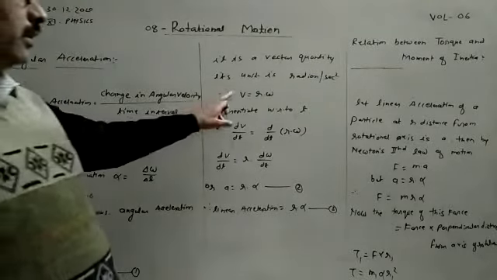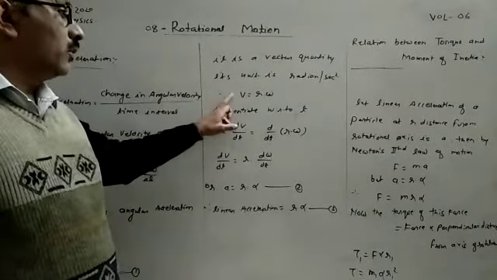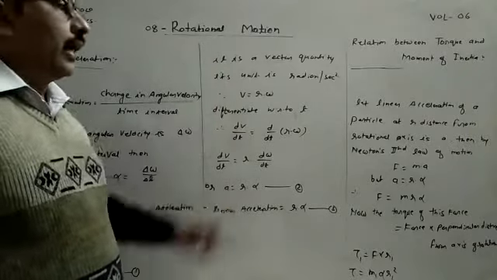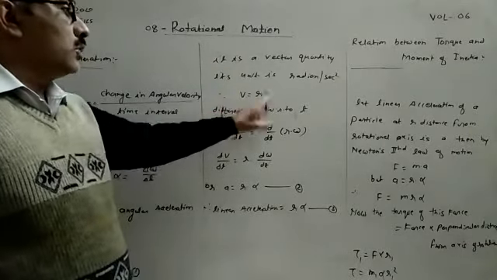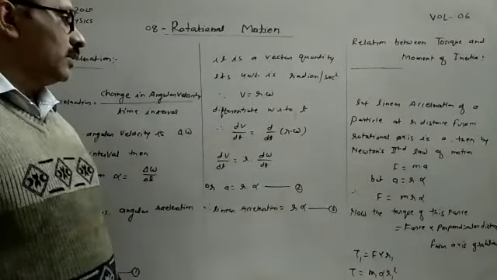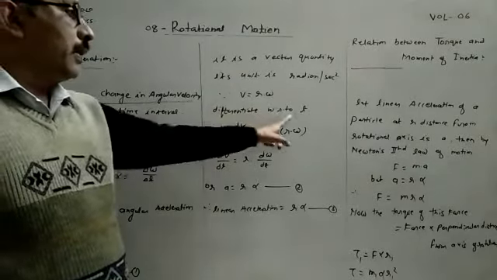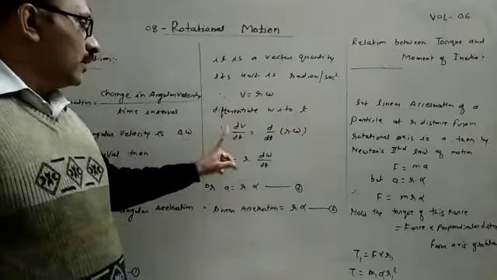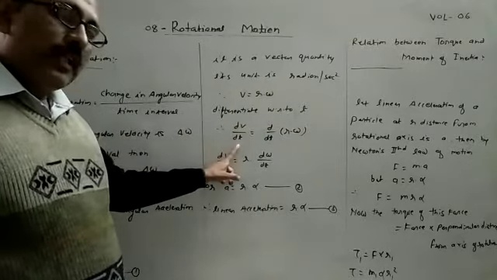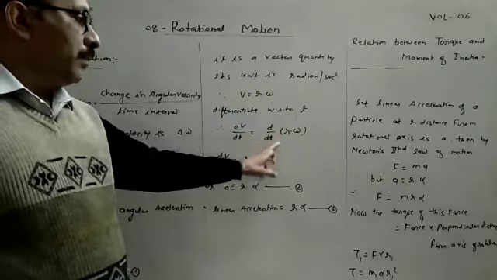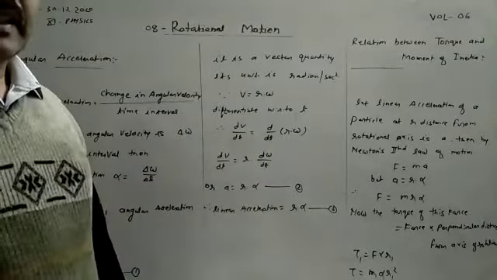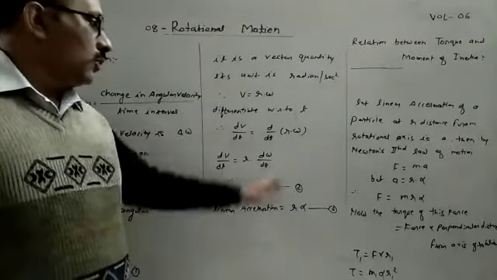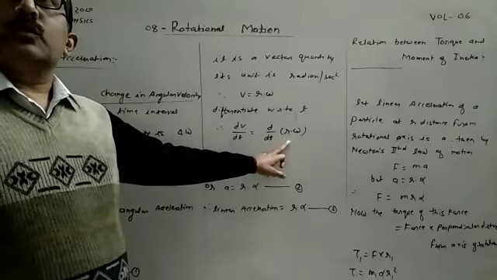Now, in the previous chapters, we know the relation between angular velocity omega and linear velocity v, that is v equals r omega, where r is the distance. So differentiate both sides with respect to time. Then we have dv upon dt equals d upon dt of r omega. Now r is a distance, a constant quantity, so it is not differentiated with respect to time.